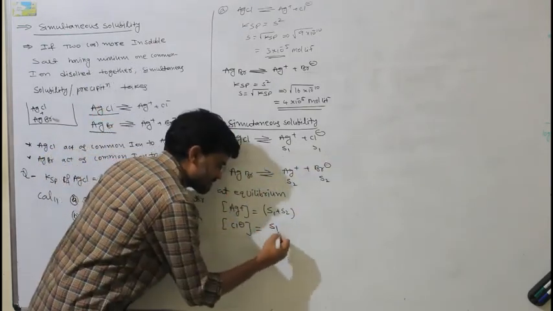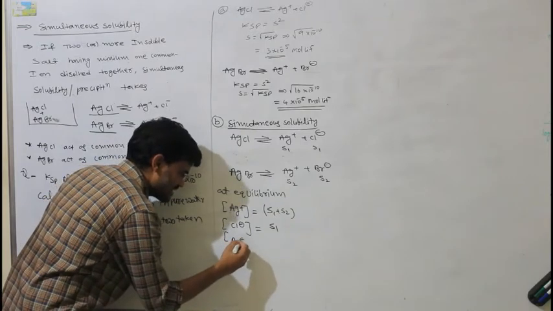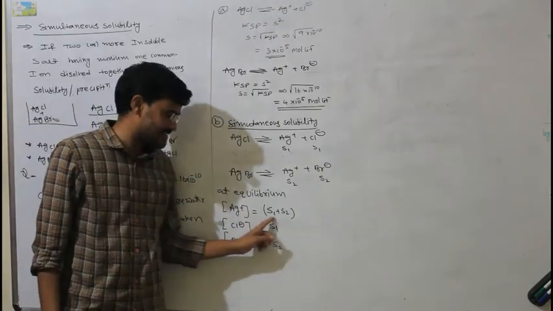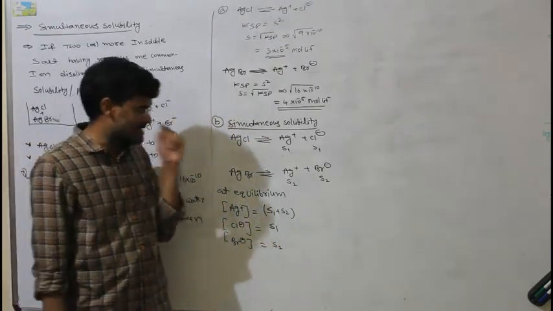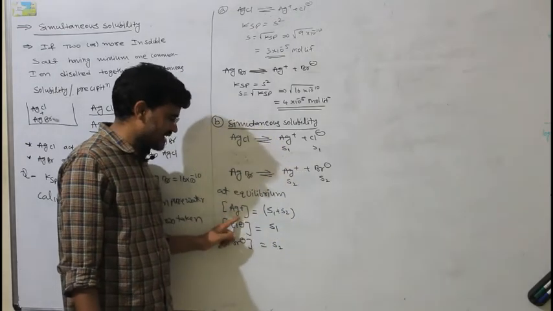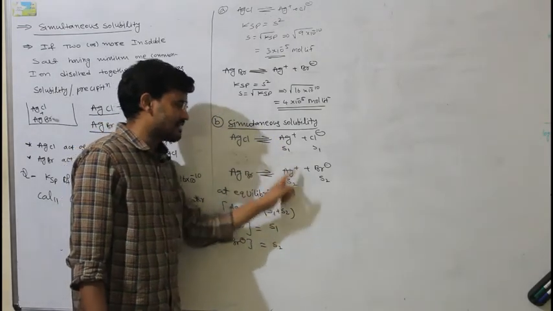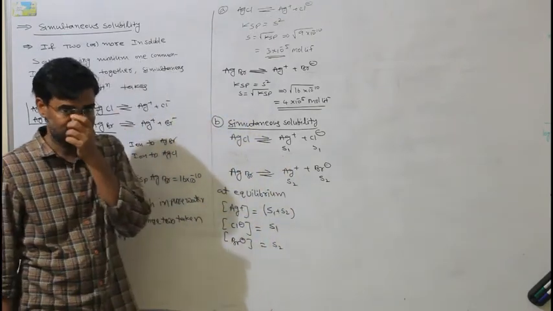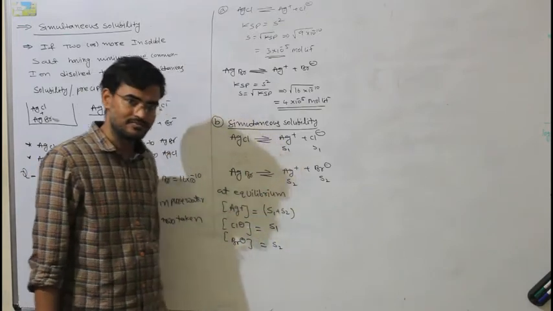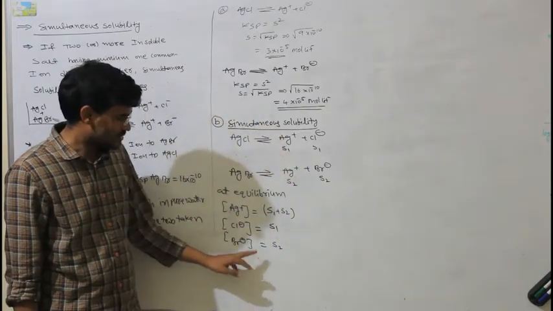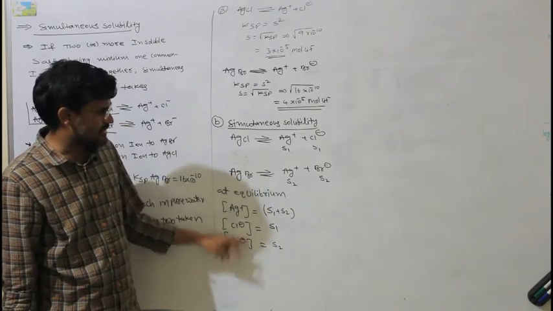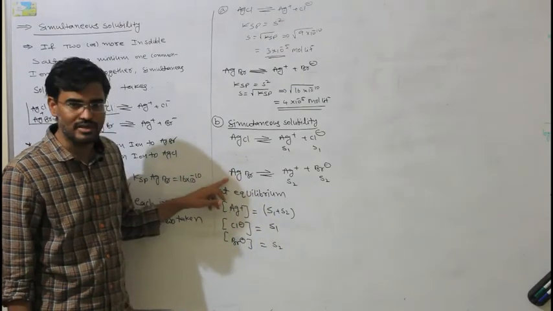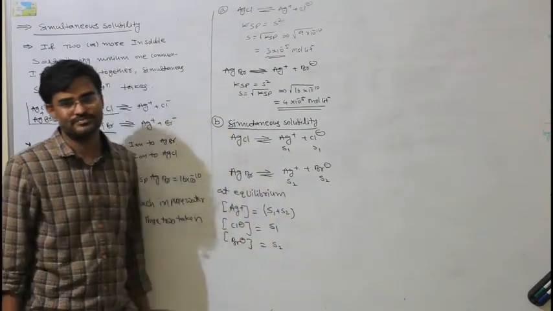The concentration of Br minus at equilibrium is S2. Look at why for Ag plus we take S1 plus S2: because silver ions are released by the two salts, so the concentration at equilibrium is the sum of the ions released by silver chloride and silver bromide. Now we substitute these values in the equilibrium expression. Wherever Ag plus appears in the expression of Ksp, you have to write S1 plus S2.